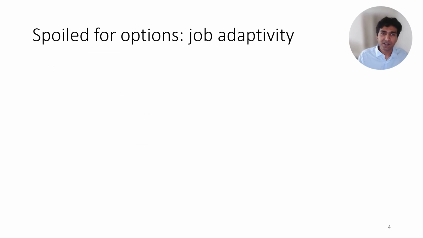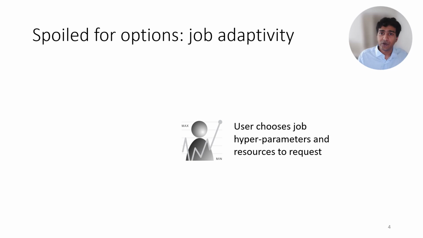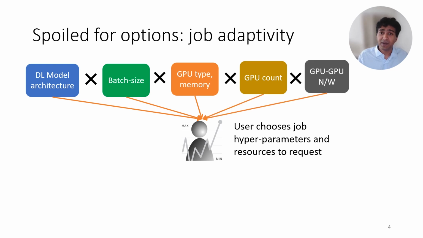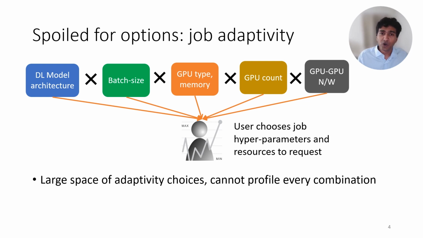So what does this mean for users who run their jobs on such heterogeneous clusters? Today, they would have to manually tune the varied combination of resources, counts, topologies, and the training batch size so they get the best job runtimes. However, profiling all possible combinations would be prohibitively expensive in both time and resource cost, as the space of adaptivity choices is too large.